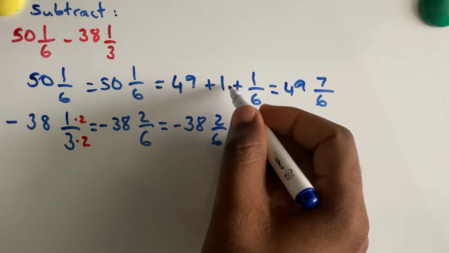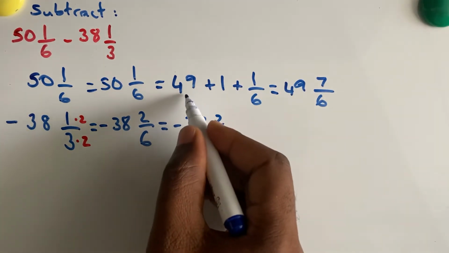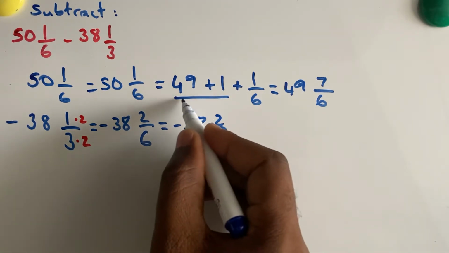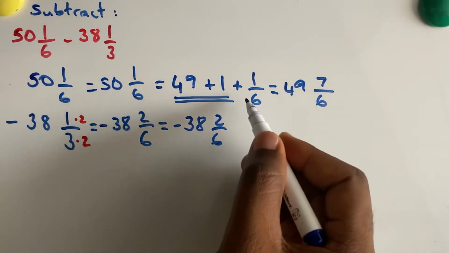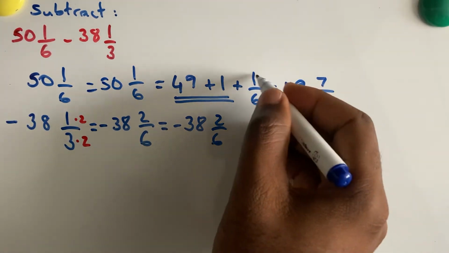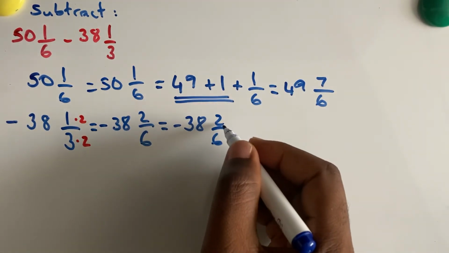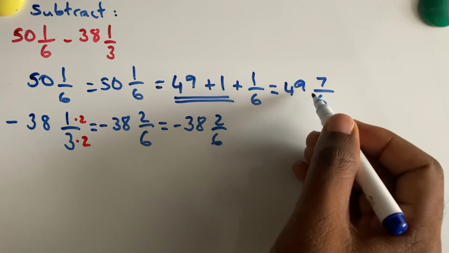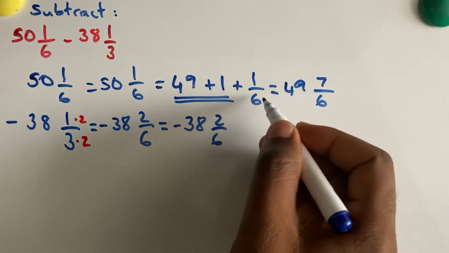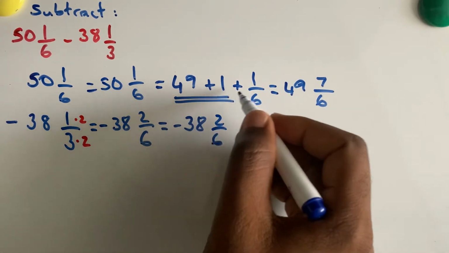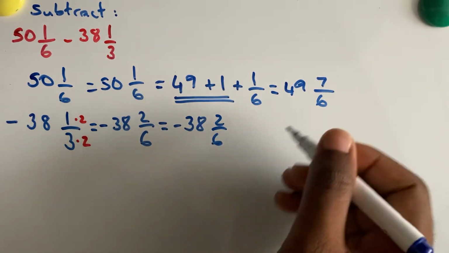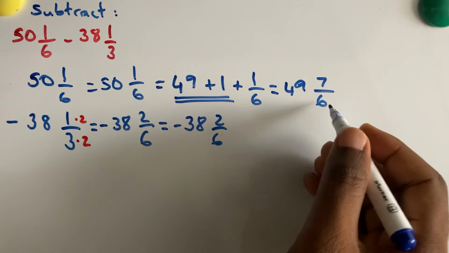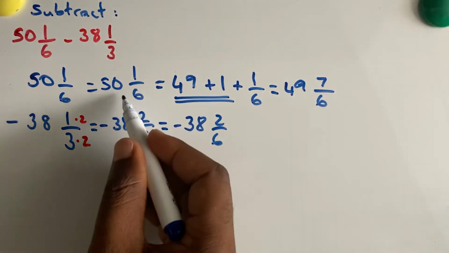I just rearranged it a little bit, because as you know, this is still 5. I didn't really change anything here. I'm trying to get a number from which I can subtract 2, so it has to be 7 in this case, and I get it by doing 6 times 1 plus 1, which is 7. So 4 7 over 6 is the same number as what you have here.